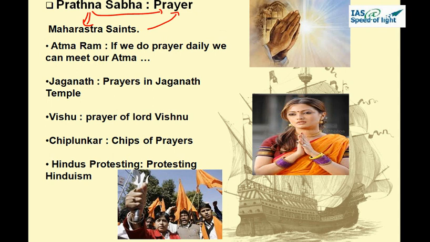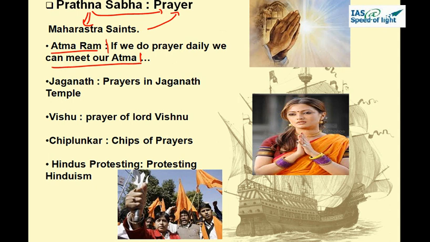These Maratha saints used to pray a lot, and Prarthana Sabha is prayer. Now, the people who were associated with Prarthana Sabha were, first, Atmaram. If we do prayer daily, we can meet our Atma. The prime purpose of our living is to meet our Atma, to meet our soul, to know who we actually are. Going beyond this material body, we are something else, and our Vedas say we are the soul.